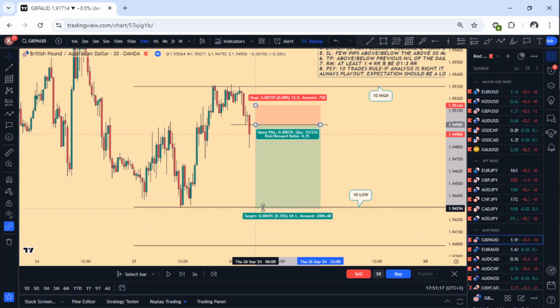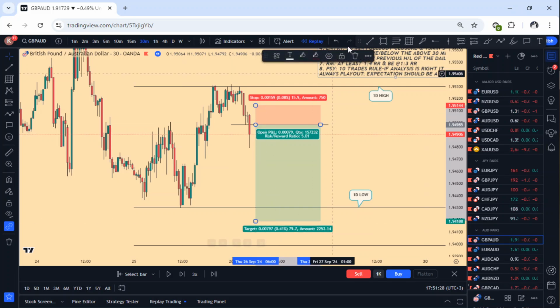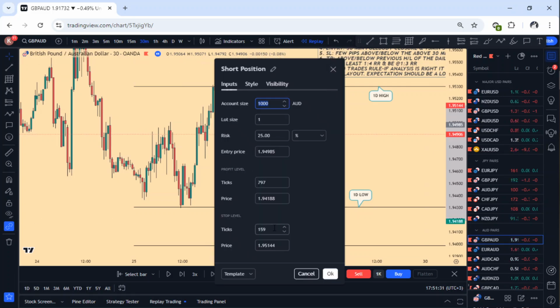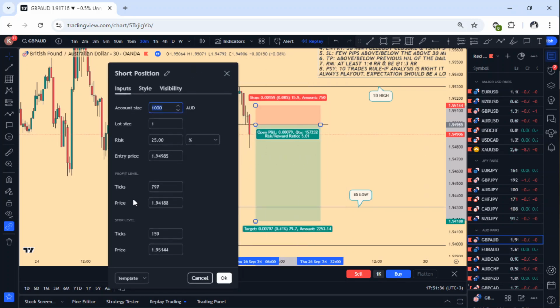So if at this particular point I'm getting 1 to 4, like I said, I always like to extend with one risk to reward, so that I can get at least 1 to 5, and that would be so nice. Sorry, I needed to add one more.